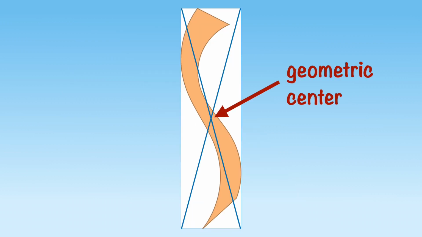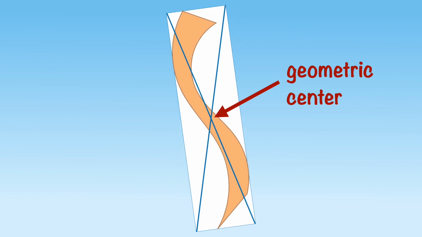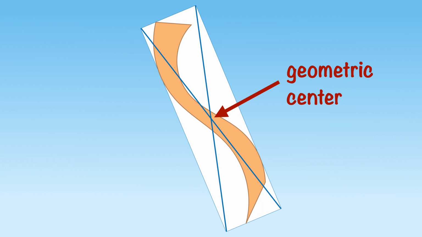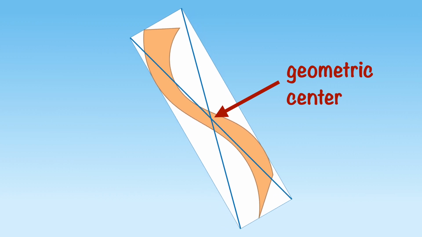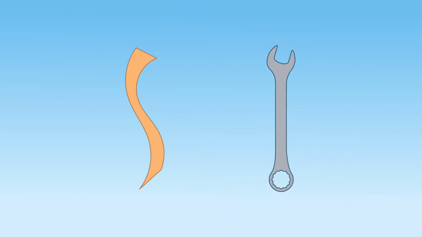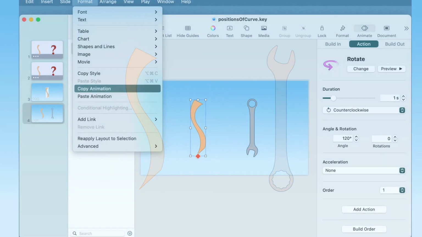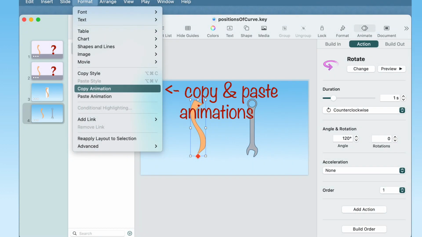For example, an object can only be rotated around its geometric center. There are ways to work around this limitation. They'll be covered in a future lesson. One handy feature is that you can copy the animations attached to an object and paste those animations on another object.